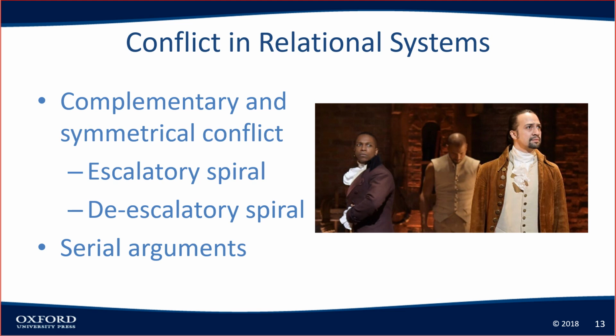An escalatory spiral occurs when they treat each other with the same hostility. We're both equally hostile, we threaten and insult each other. That's escalatory. A de-escalatory pattern is when one withdraws from the situation completely, where they cross their arms, put their head down, or walk away. An avoidance, if you will. Serial arguments are the repetitive ones.